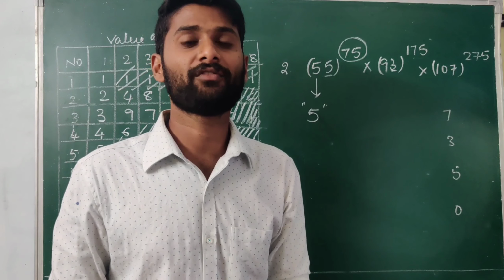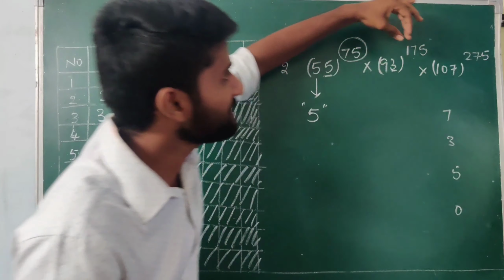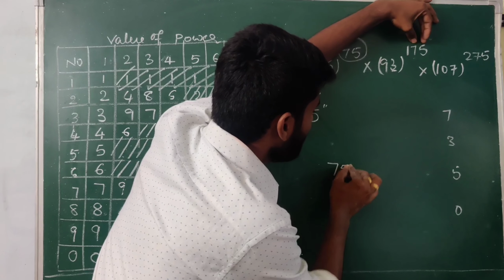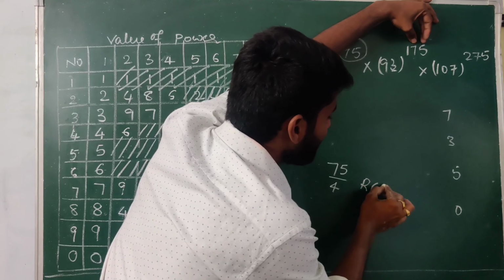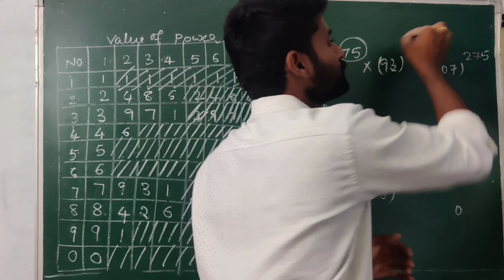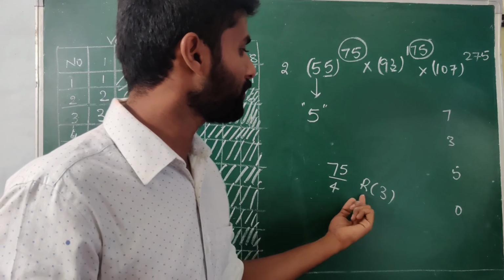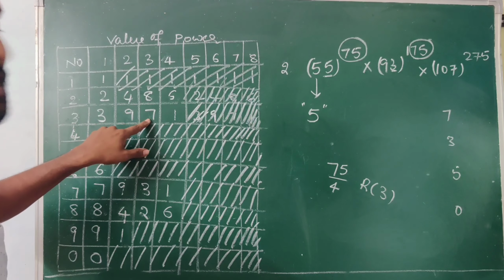We already know that for the divisible by 4 rule, we need to pick the last 2 digits. What are the last 2 digits here? 75. If 75 is divided by 4, we get remainder 3. Just pick the 75, the last 2 digits, by the divisible by 4 rule. If we get remainder 3, the third value is the units place position.